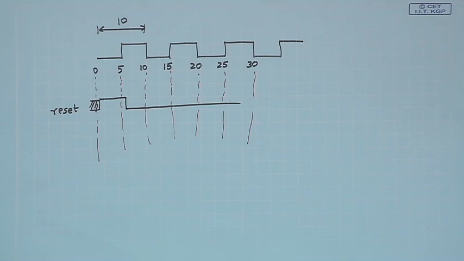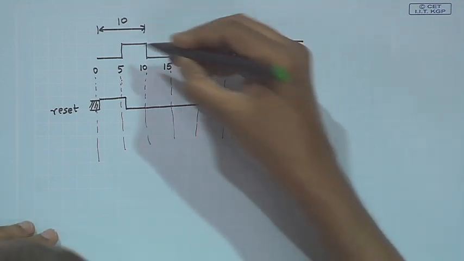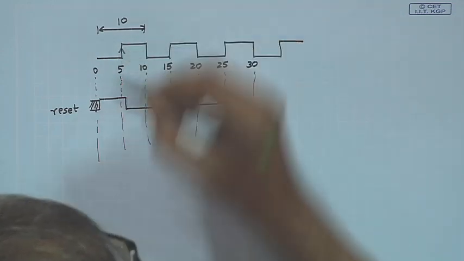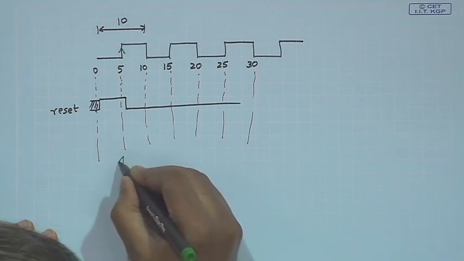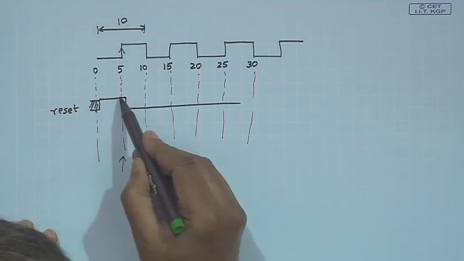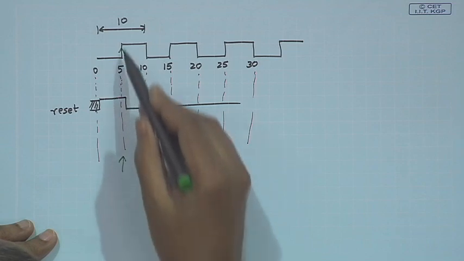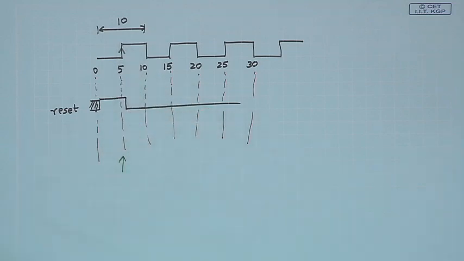So, what does this mean? This means that when the first clock edge comes, your reset is 1, that means initially all the registers will be reset to zeros, right. This is what you do here.